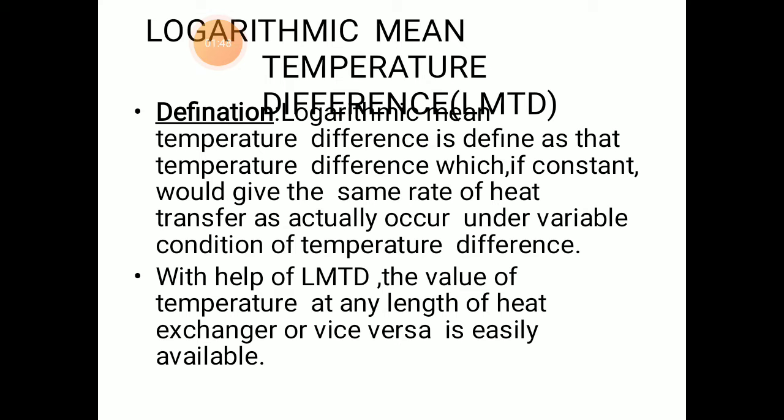So logarithmic mean temperature difference, LMTD, is defined as that temperature difference which, if constant, would give the same rate of heat transfer as actually occurs under the variable condition of temperature difference.